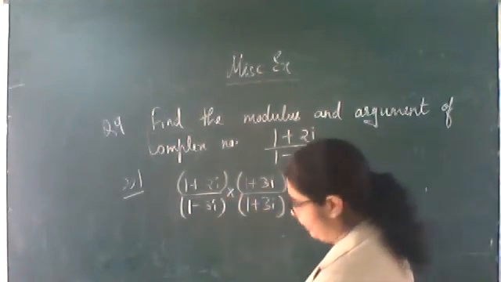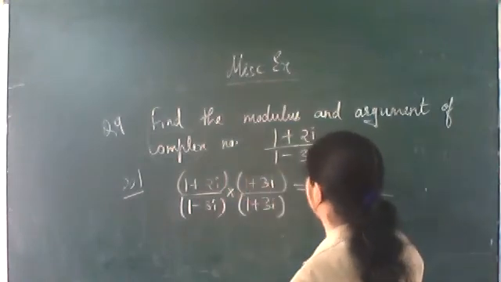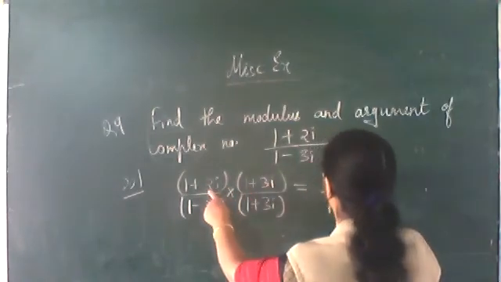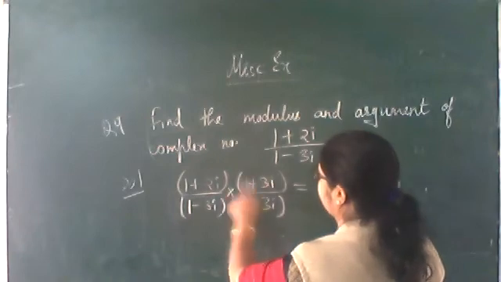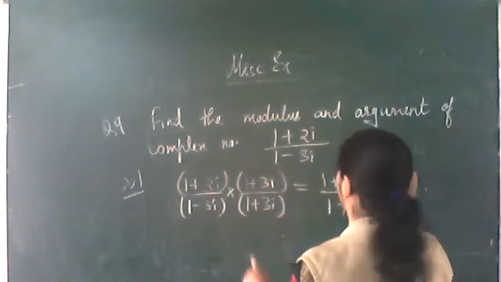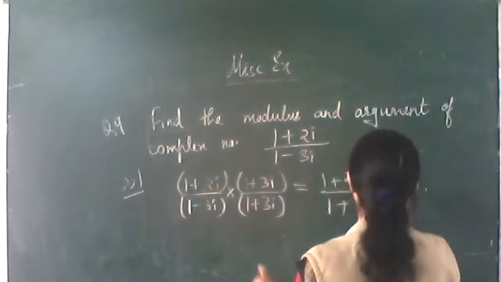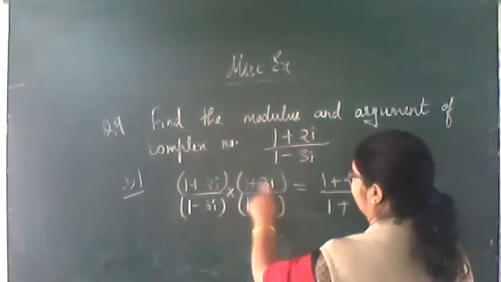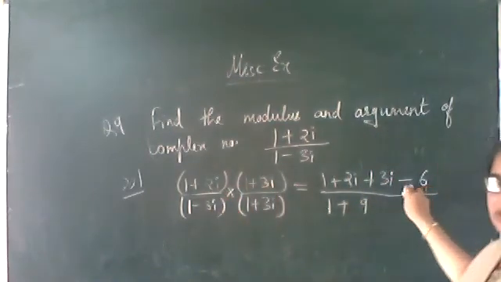Now multiply the numerator. 1 into 1, 1, plus 2 iota plus 3 iota into 1 will be 3 iota, plus 3 2s are 6 iota square. Iota square is minus 1, so I have written minus 6.